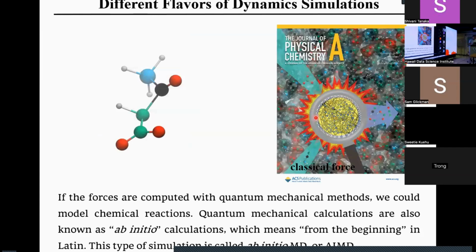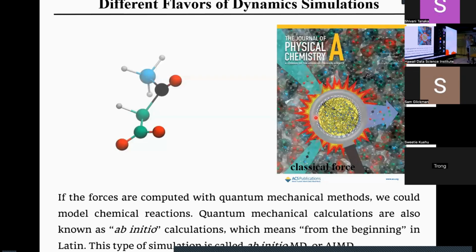Now, what we will be focusing on here is actually reactions. What I showed you before can run very large systems, but their forces are limited to physical transitions, which means you cannot break bonds. If you want to actually break a chemical bond, you need to go into the territory of quantum mechanics, which is a much more difficult calculation, and that's why we can only work on smaller systems.